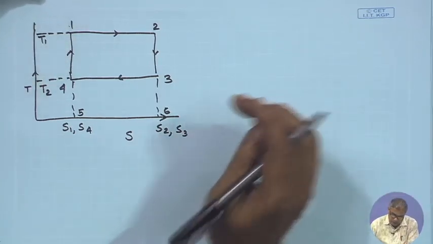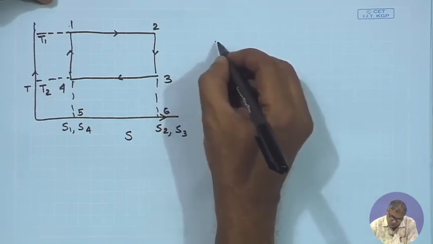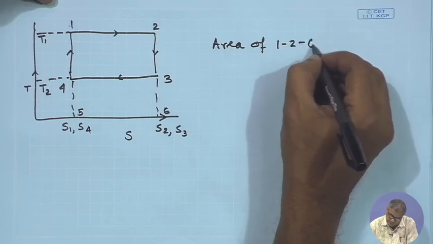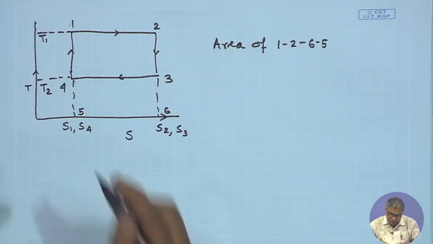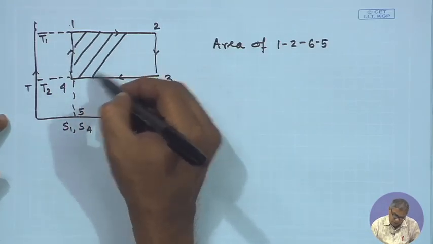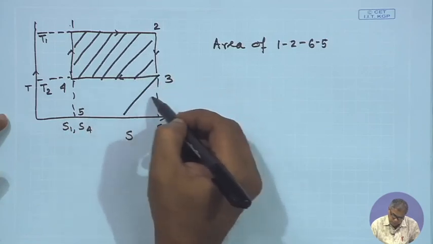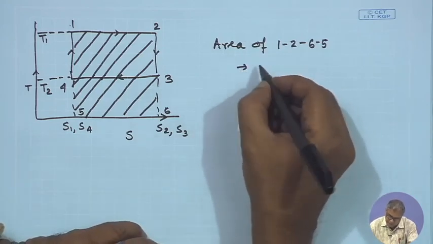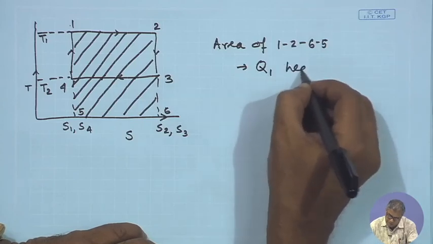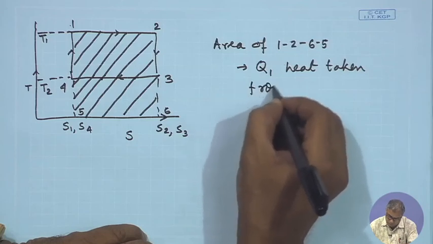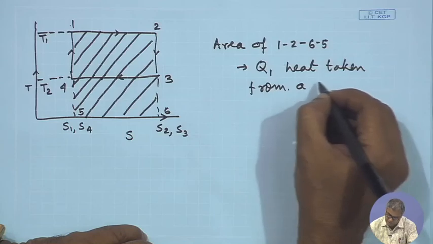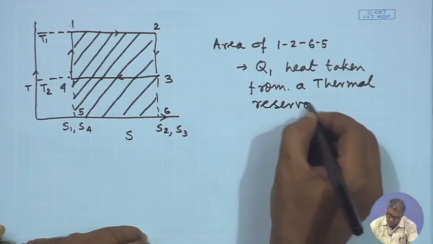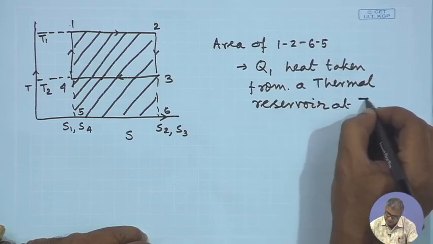So, from here if we consider the area of 1, 2, 6 and 5, this area, so this gives Q1, that is heat taken from a thermal reservoir at temperature T1.